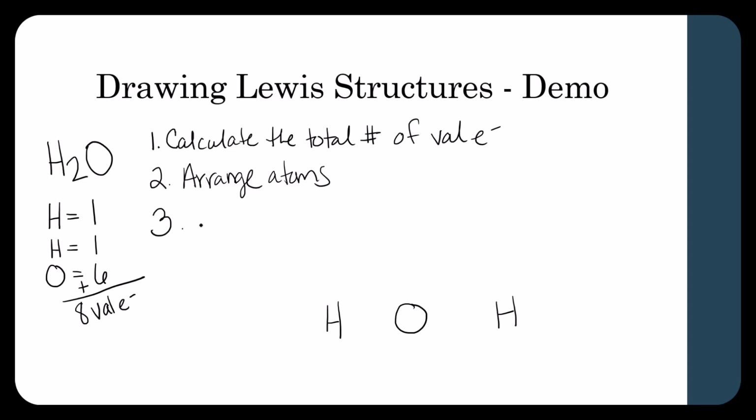Okay, step number 3 is we're going to distribute electrons to fill octets, or in this case, duets. So I always like to put electrons on the paper that are being shared between two elements.